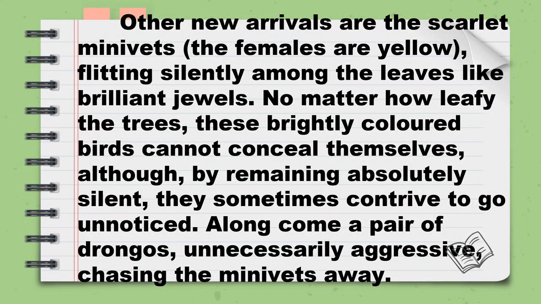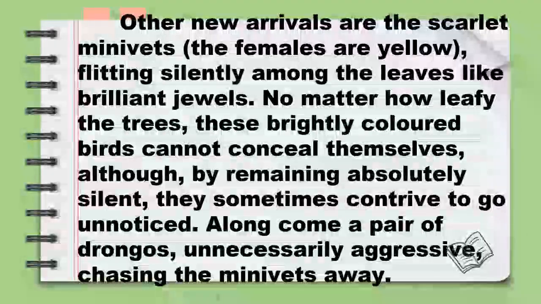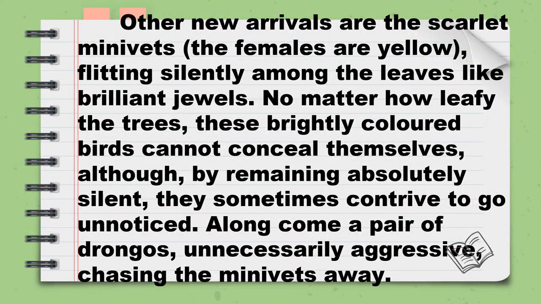These birds are so bright in their color that regardless of how leafy the tree is, it is difficult for them to hide themselves. However, sometimes they manage to go unnoticed by remaining absolutely silent.